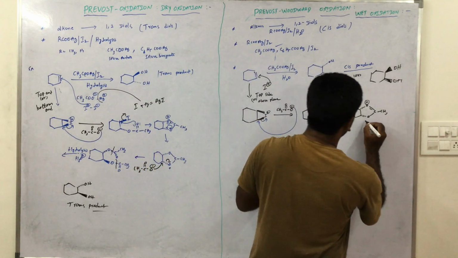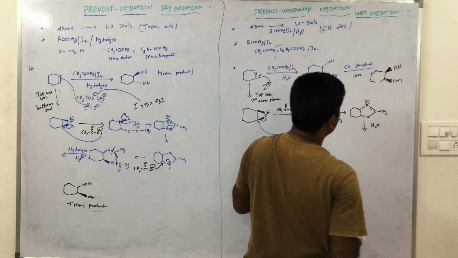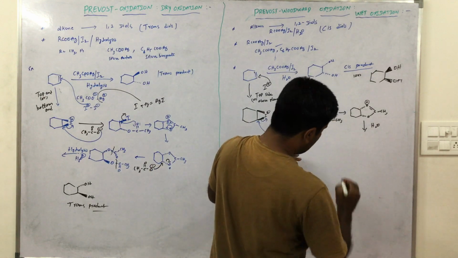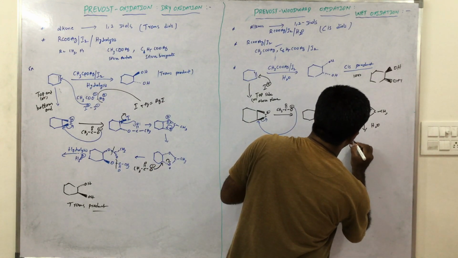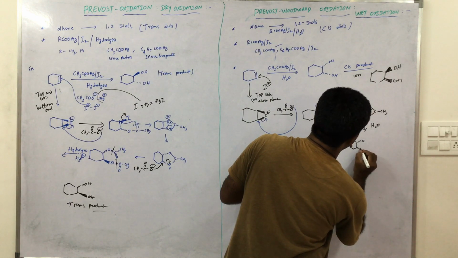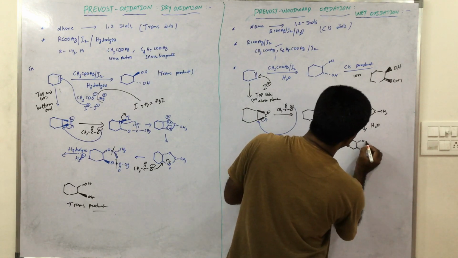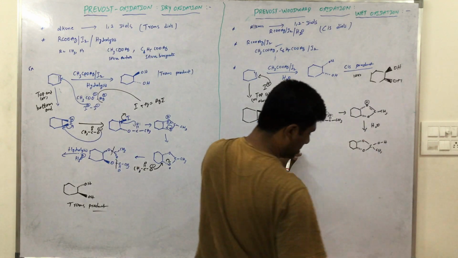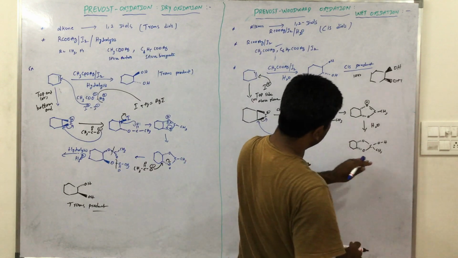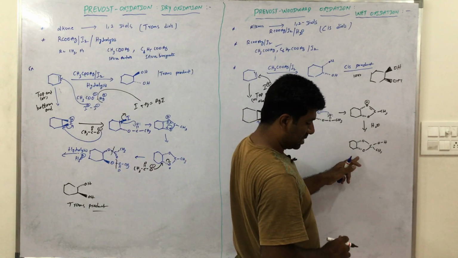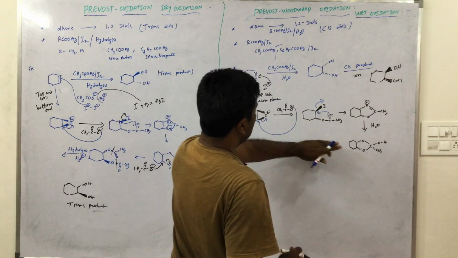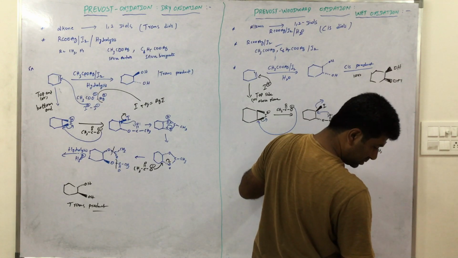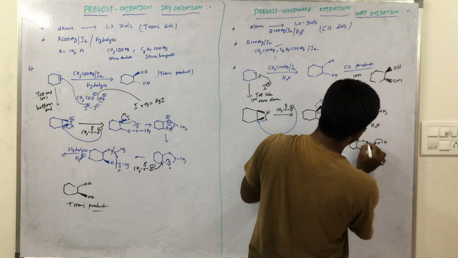Now here hydrolysis takes place. Now the product is O, C, CH3, OH. This is the product, right? What happened? This bond is broken down.